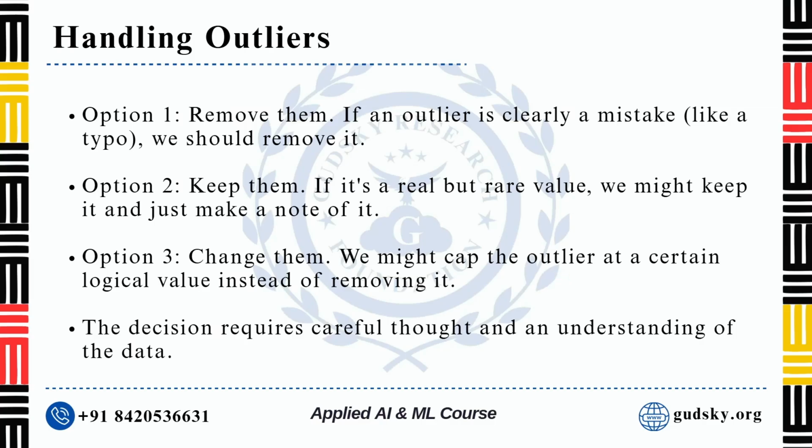If it's a real but unusual value, like a person who is truly 120 years old, you might decide to keep it but make a note of it. Option 3. You can cap the value, which means replacing it with a more logical number, like the highest or the lowest value that seems reasonable. It's a judgment call that requires you to be careful about your data.